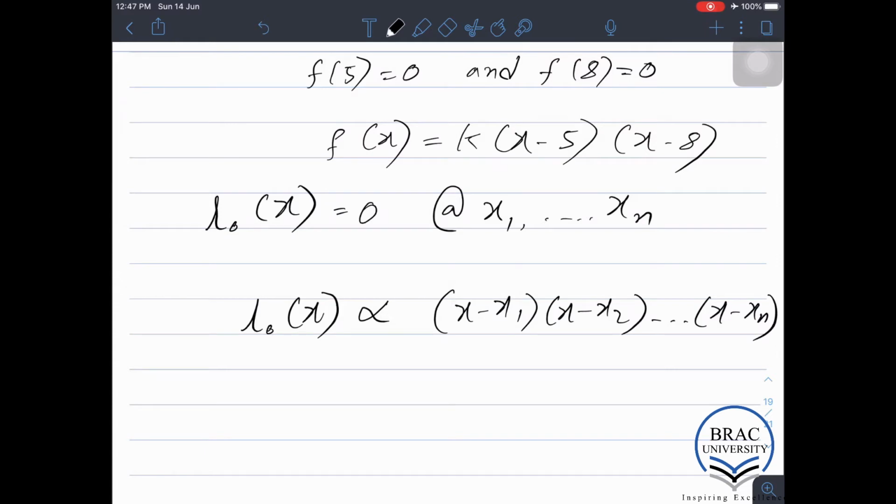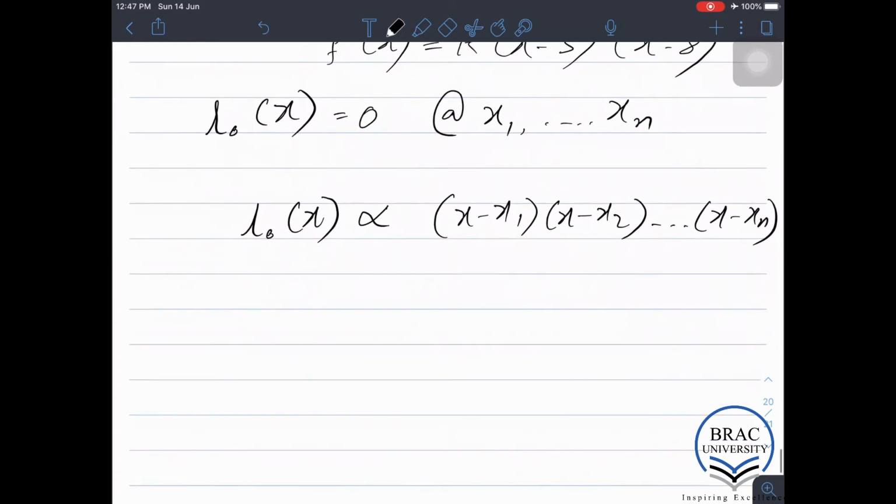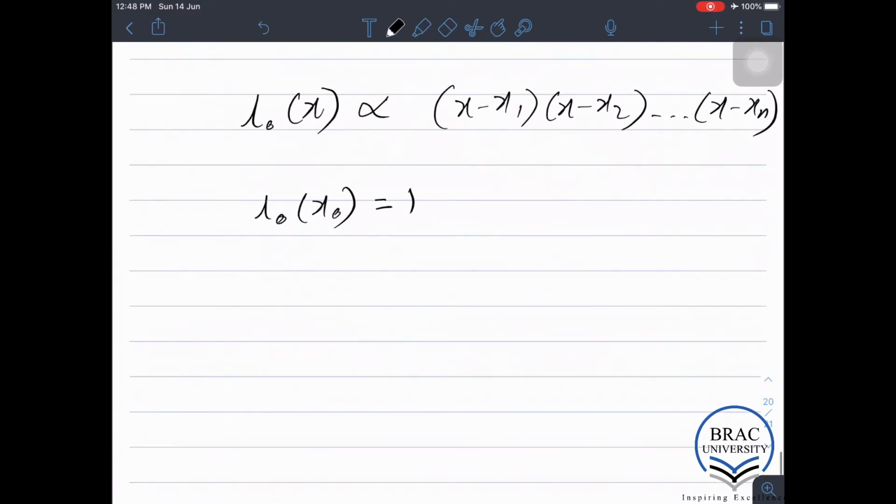All right, but I have one more condition. That is, I know that L0 of x0 should be equal to 1. So if I want L0 of x0 to be equal to 1, then I can set this proportionality constant, because I can say that this is equal to k times this.